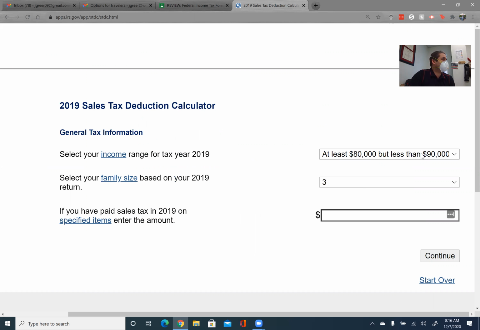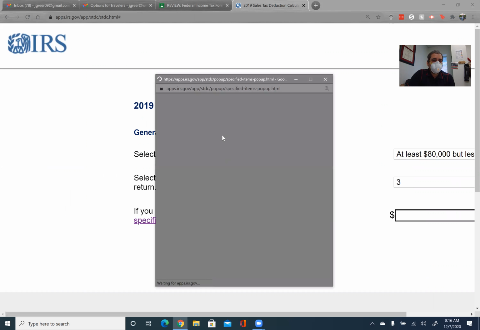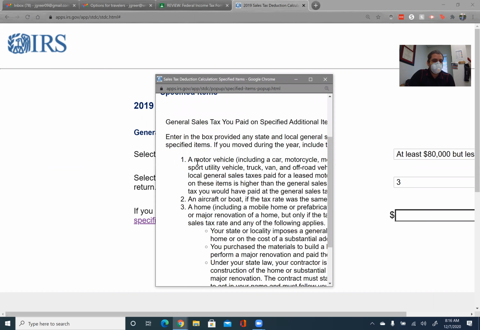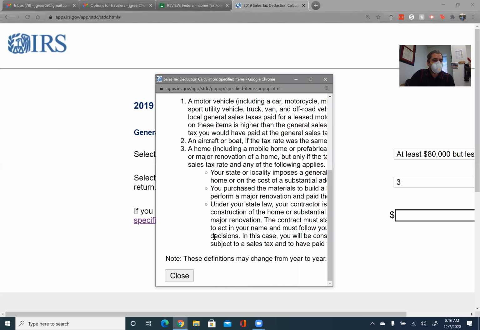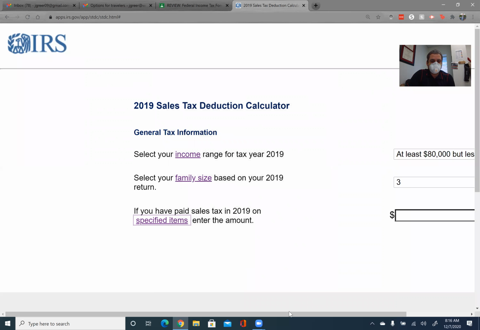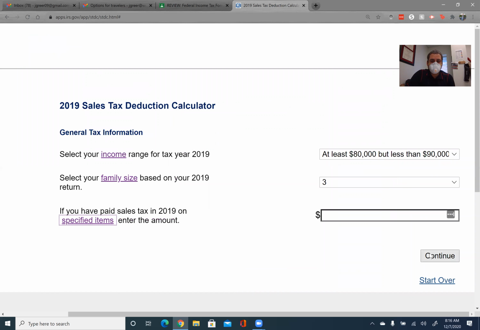So you give the estimated income range, your family size, and whether you have paid sales tax on specified items. Those include big things like motor vehicle, aircraft, boat, home. Big ticket items, put them here, but let's just say no.